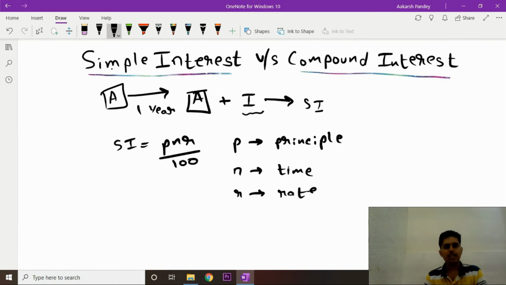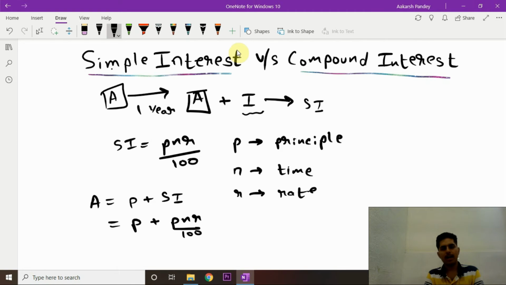And to calculate the amount payable, I write it as A. A is the amount payable, that is, at the end of the time duration that I have taken the money, what is the amount that I have to pay. So that will be the principal plus the interest. So I can write amount as principal plus my interest. So that will be P plus PNR by 100.